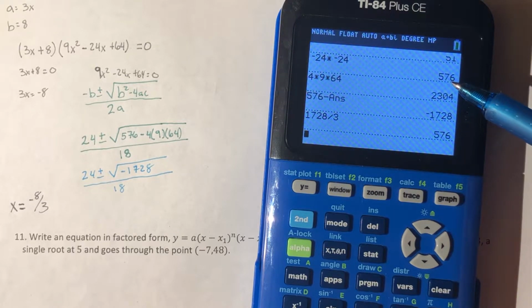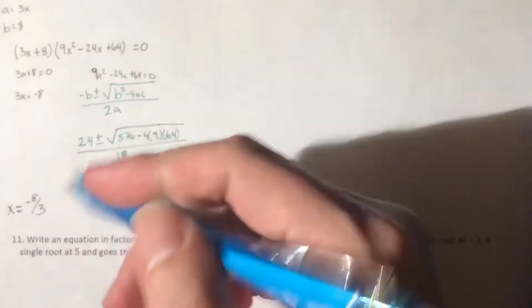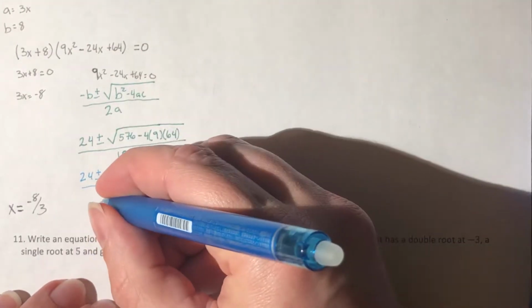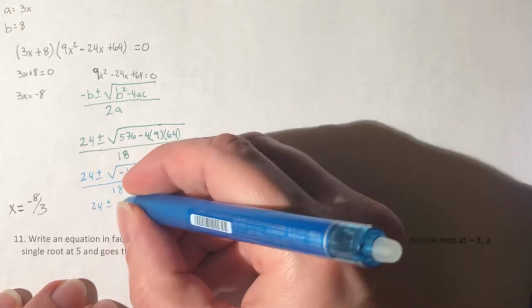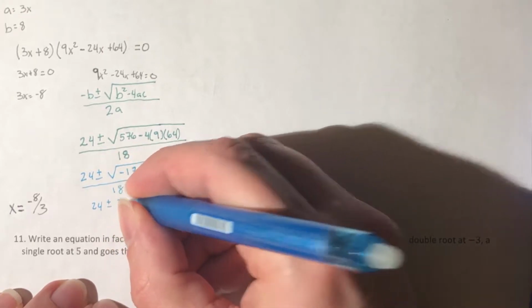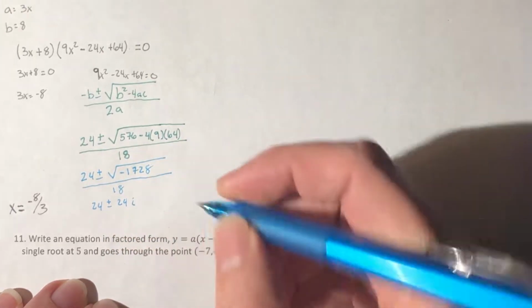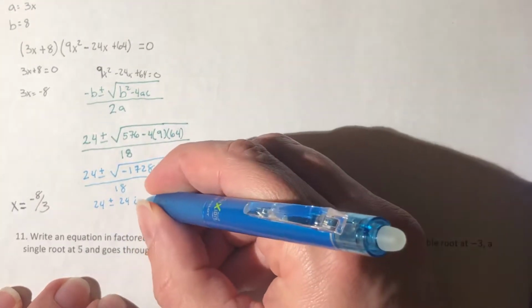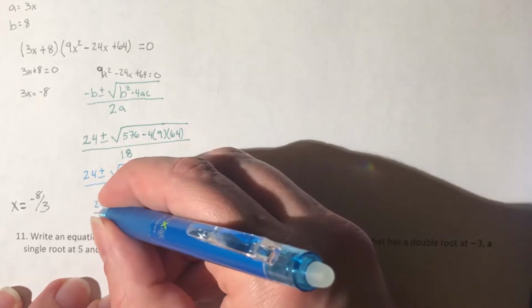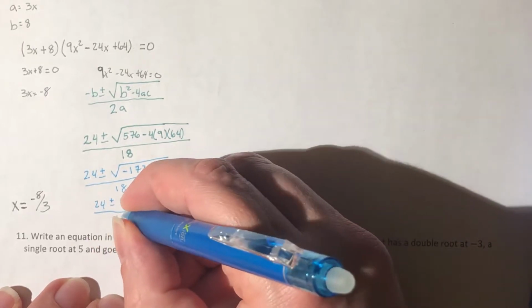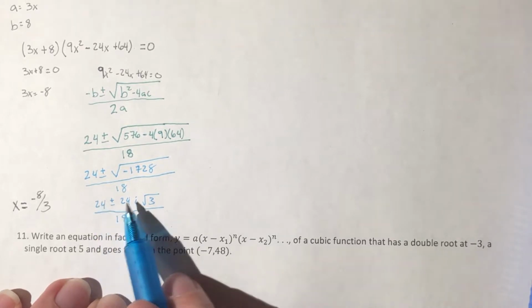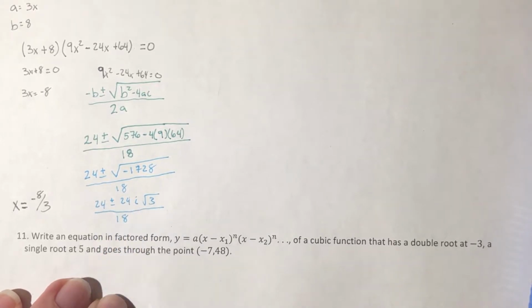That is 24 squared. So what I have is 24 plus or minus 24i. The i came because it was the square root of a negative number. Square root of 3 over 18. And I need to simplify. All of those are divisible by 3.